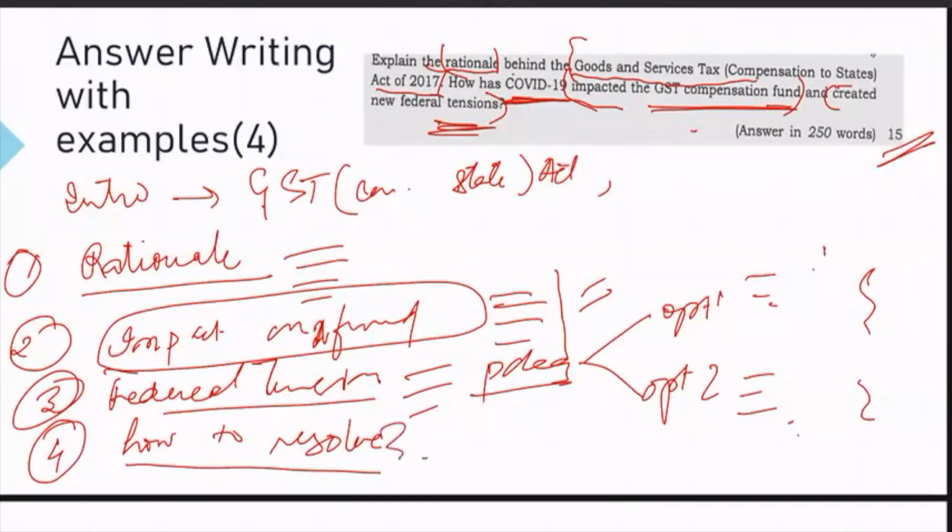This becomes your fourth heading. And in the conclusion, if you have some committee which has said that if you work in a particular way, you would be able to resolve the federal tension, then you can mention that we should do something like this as mentioned by this particular committee so as to go forward.